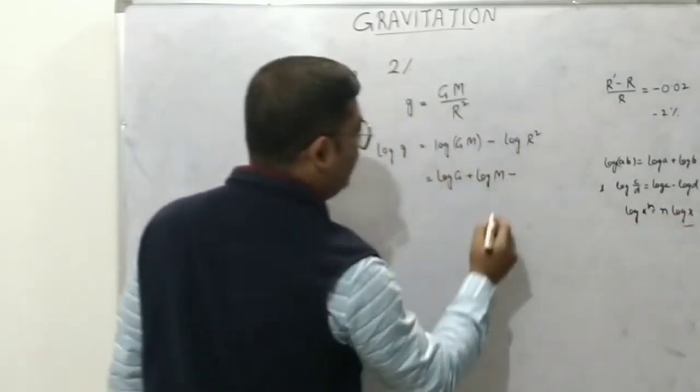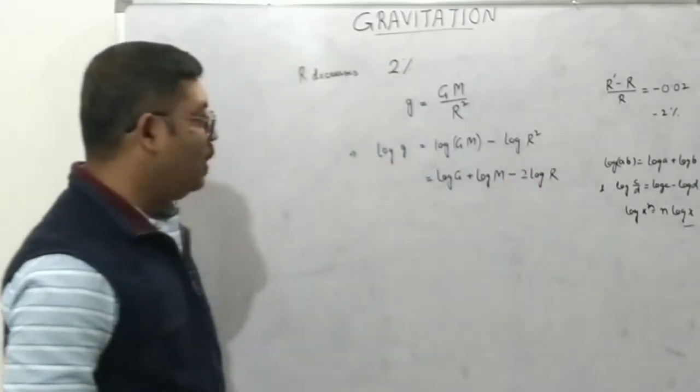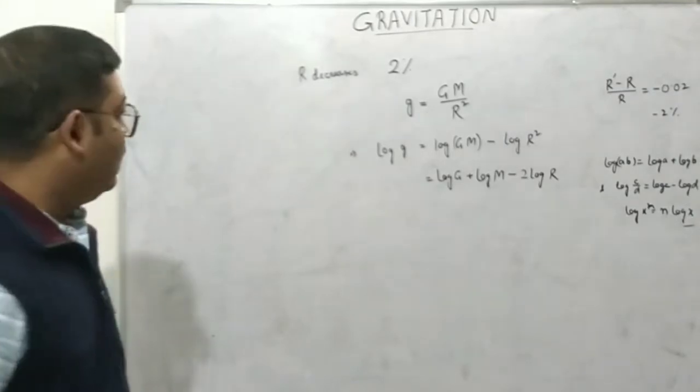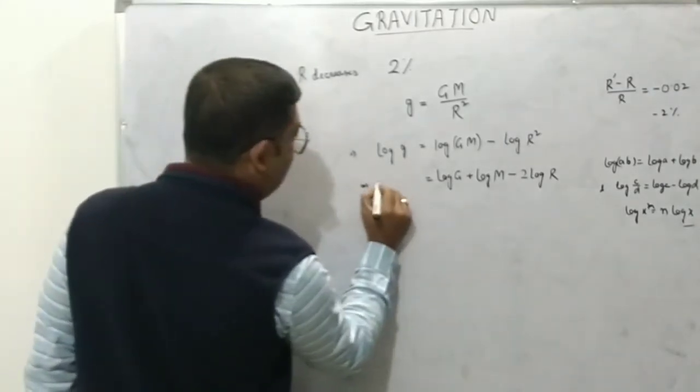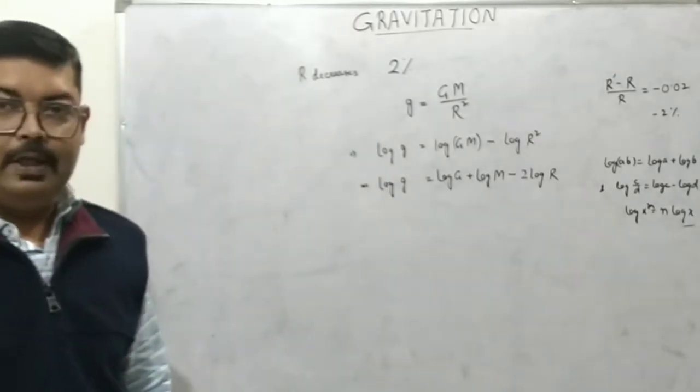Making use of this, we get 2 log r, which means logarithm of g will be given by this.